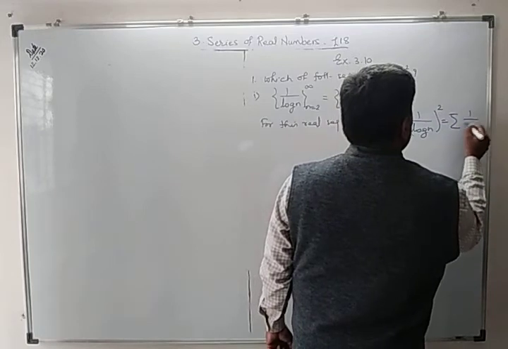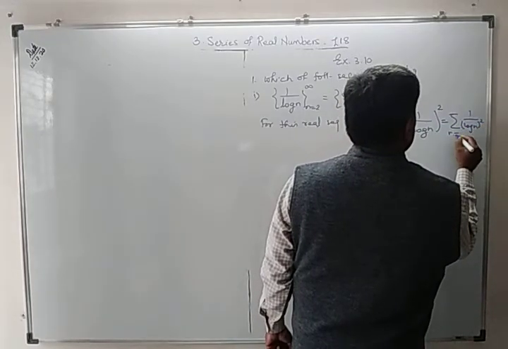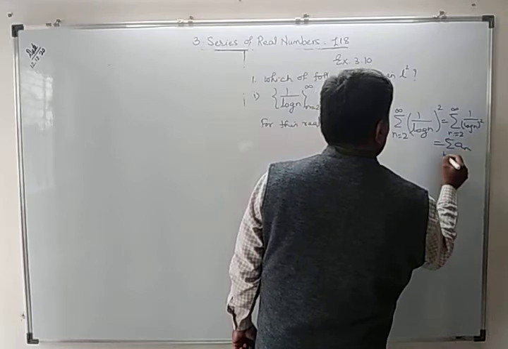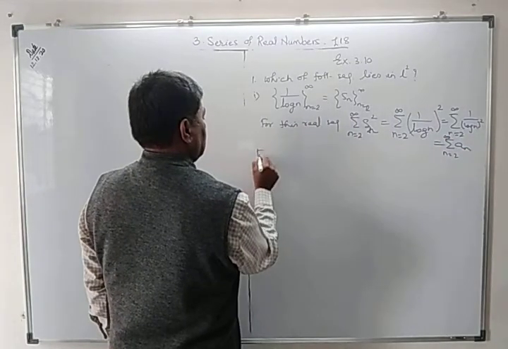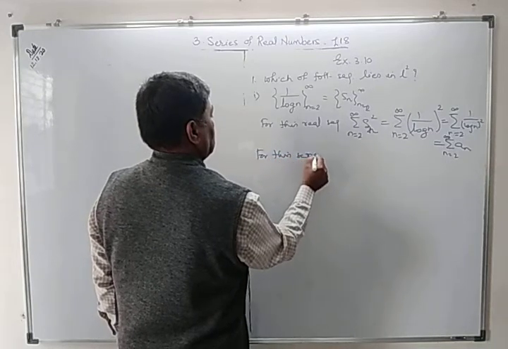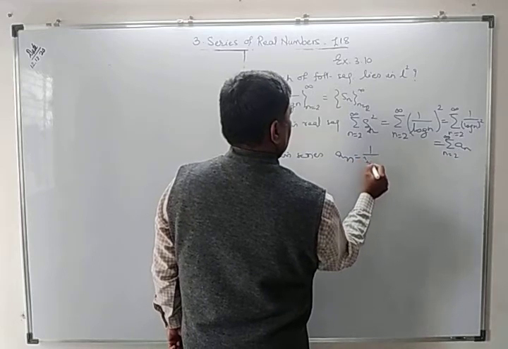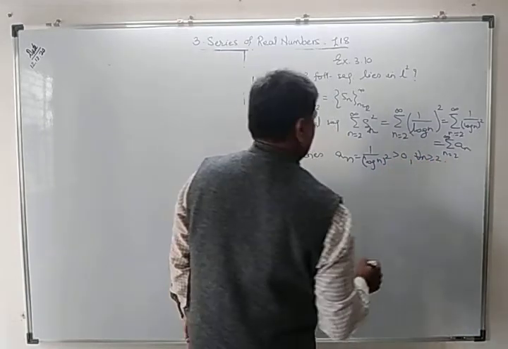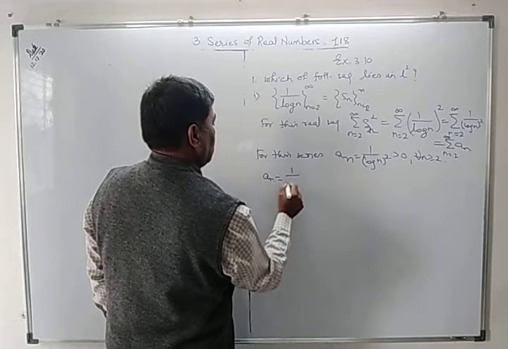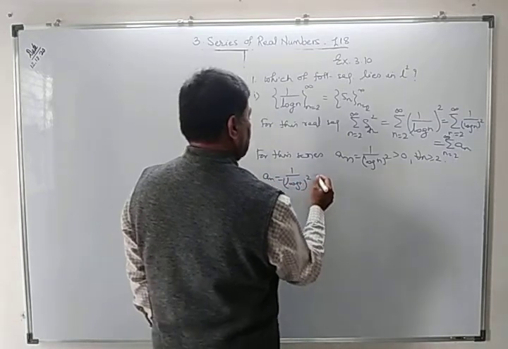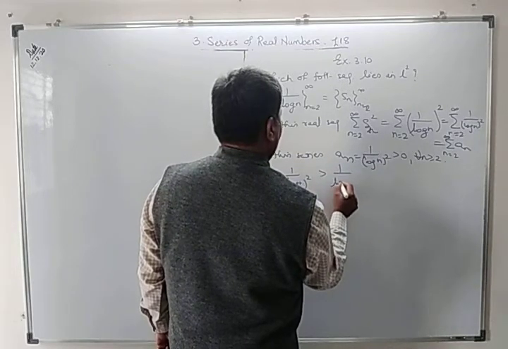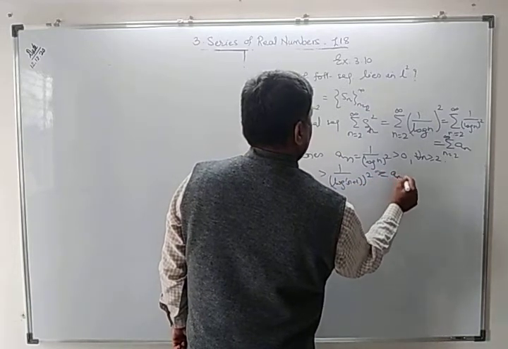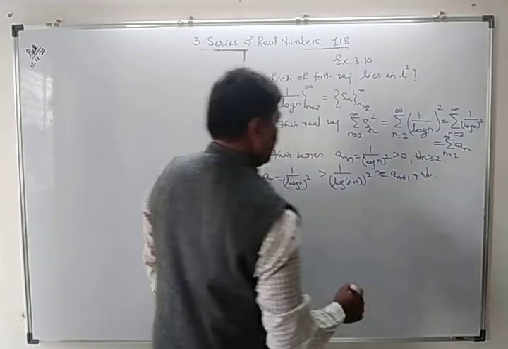If I denote this by summation an, then for this series, an is equal to (1 upon log n) squared, which is greater than 0 for every n greater than or equal to 2. An is equal to (1 upon log n) squared, which is greater than (1 upon log of n plus 1) squared, which is a(n+1), for every n. Okay.